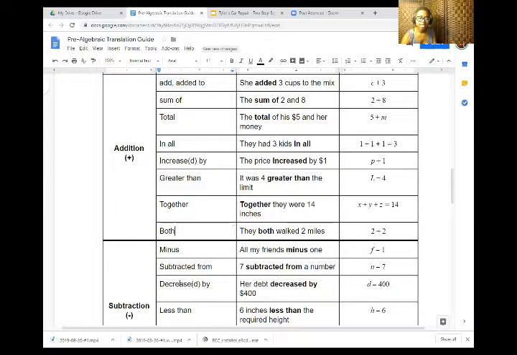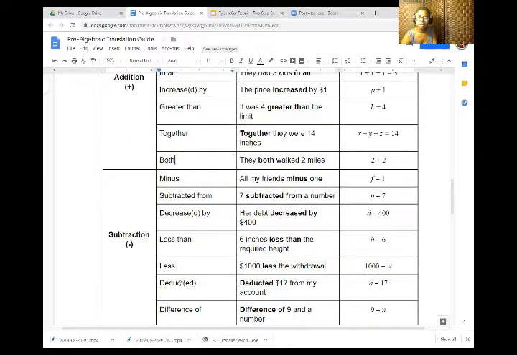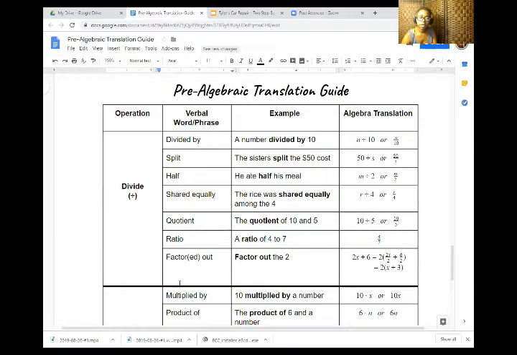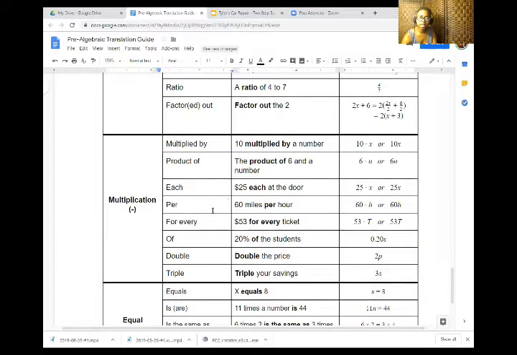The last word was per, and per is right here in the multiplication section. So per represents multiplication. Here's an example, 60 miles per hour. So that means for every hour, this person went 60 miles.